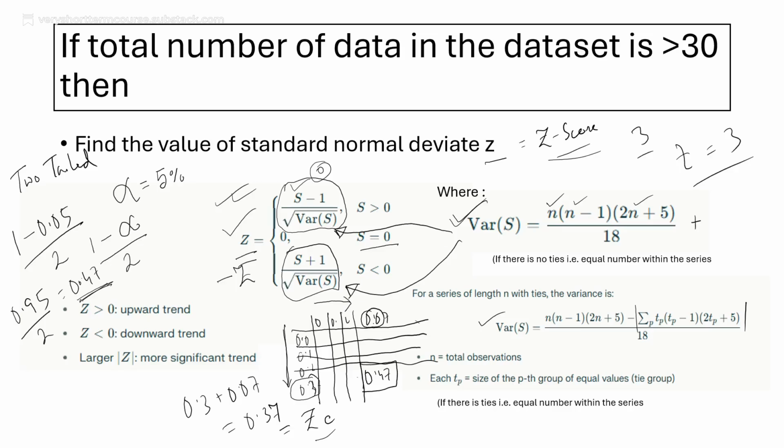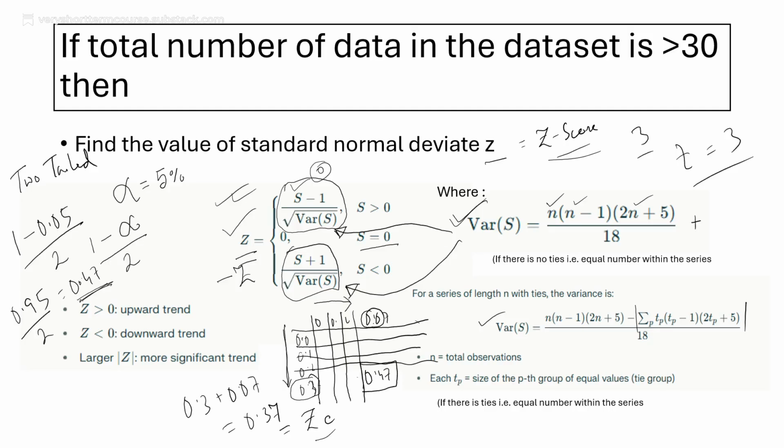That means your Z needs to be more negative compared to your critical Z. If your critical Z is positive and your Z is negative, then very easily you can say there is a trend. If both are negative, then your Z must be more negative than your negative critical Z. If that is the case, then there is a trend. If not, there is no trend.